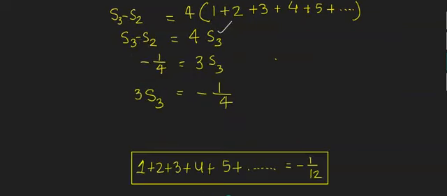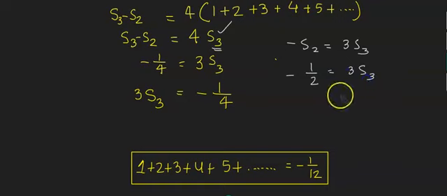Now 1 plus 2 plus 3 plus 4 and so on, as assumed, is equal to S3. So I can write S3 minus S2 equals 4 times S3. Sorry, there is some calculation mistake above.